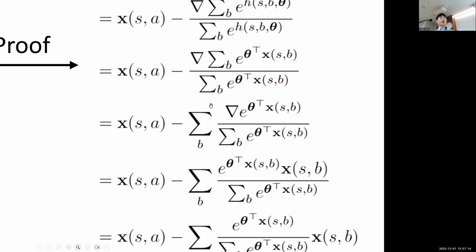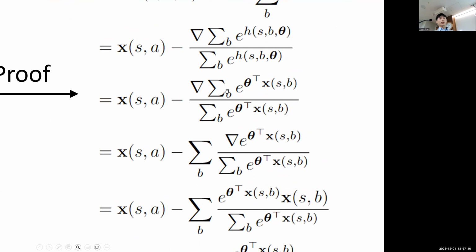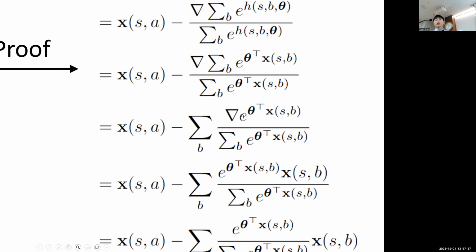Now we do the gradient. Since this is a sum operation, there will be multiple e sum together, so the gradient will be applied to each component. We can simply move the sum operation out to here and put the gradient inside. Then we do the gradient for each component. For the gradient, we need to take the derivative with respect to theta.